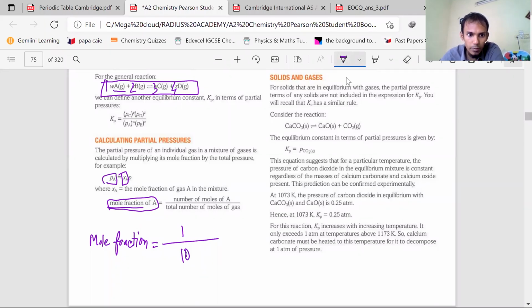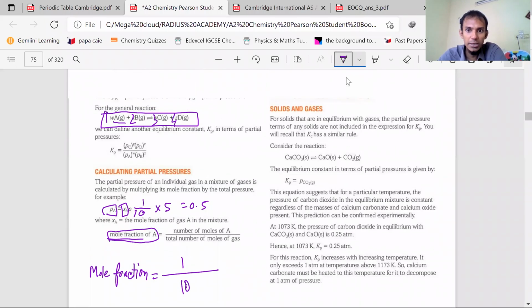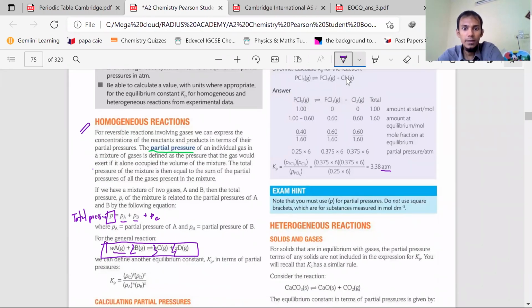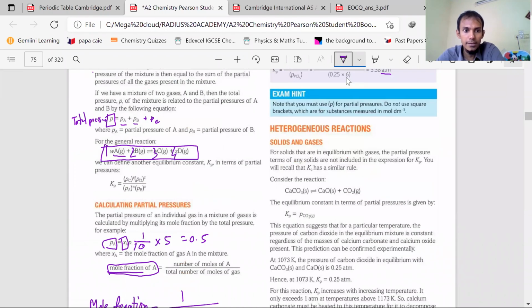Mole fraction XA is equal to 1 by 10, times the total pressure, say 5, given in the question paper. So it is 0.5. And since partial pressure is a pressure term, the unit will always be atmosphere.